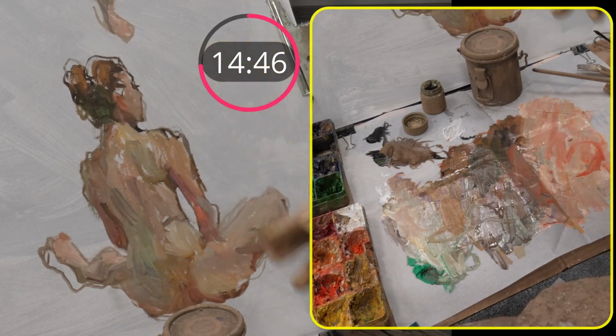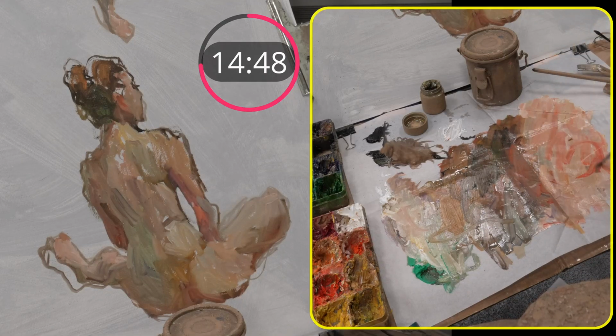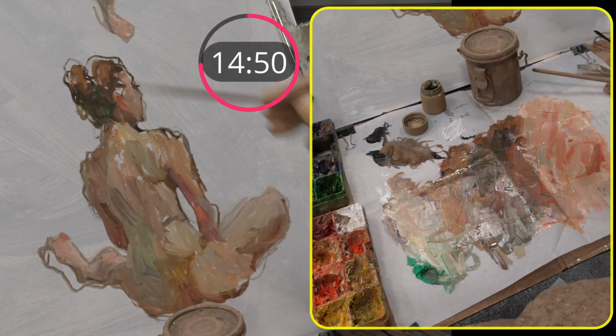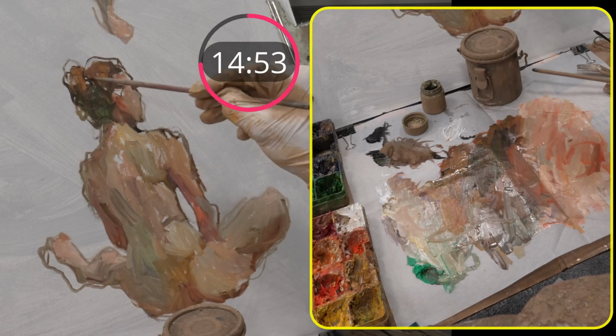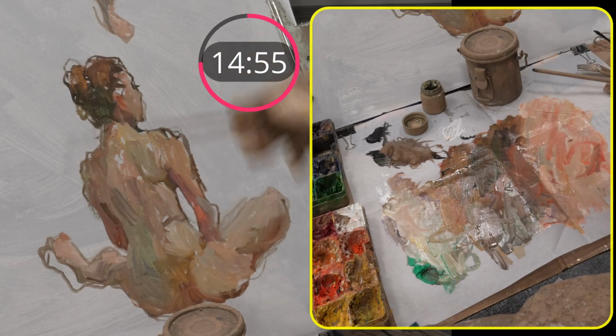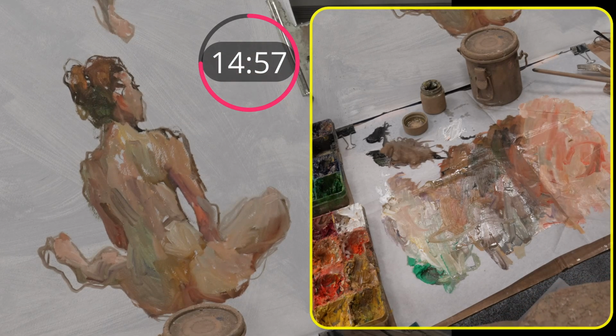And you'll notice that the tone marks follow the form. And then here in the place of the spine, very flat.